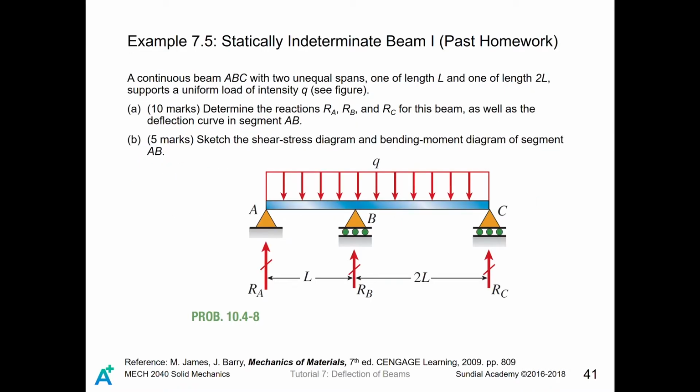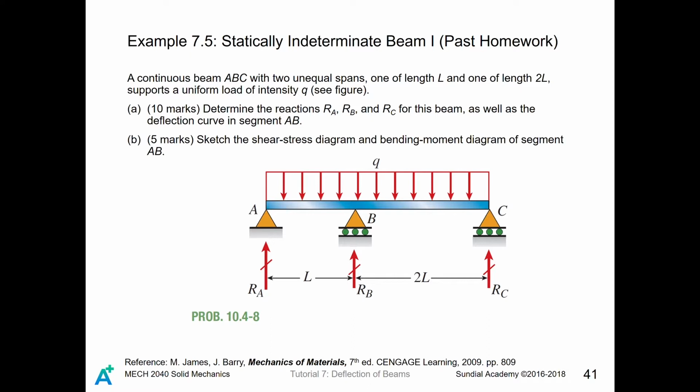Now let's solve this statically indeterminate problem. It is my past homework. So here is a continuous beam ABC with two unequal spans. One of them is of length L and another one is of length 2L.